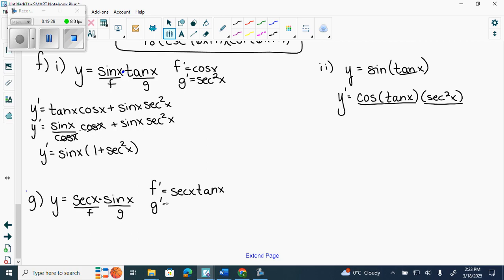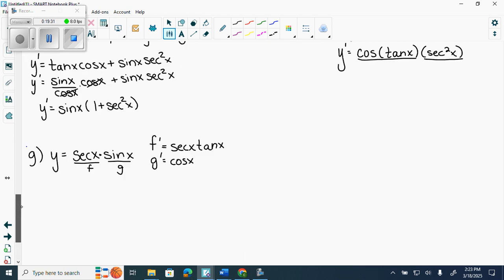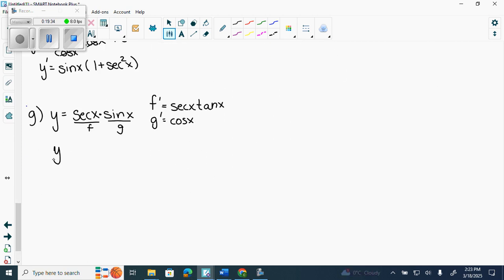G prime is cos x. Y prime equals G F prime plus F G prime. I want m tangent at pi over 6 and root 3 over 3. And I'm nice enough to give you the root 3 over 3.